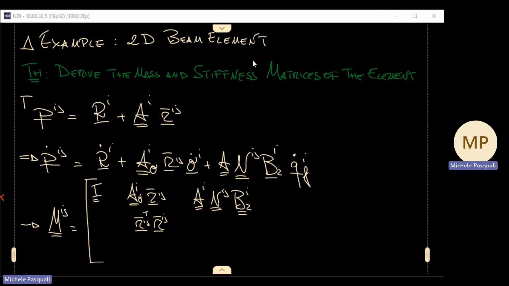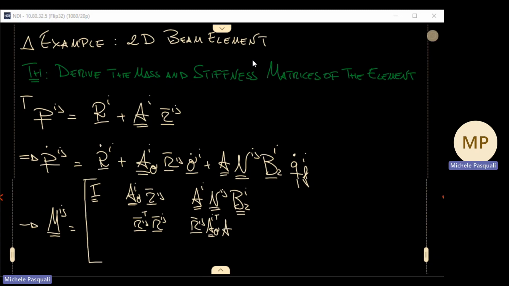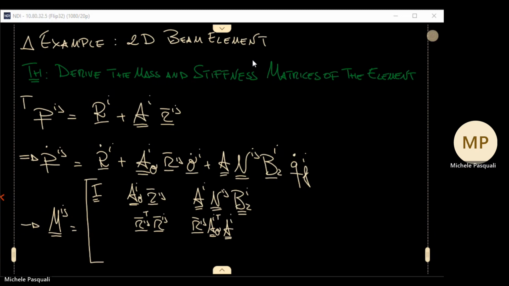And then here we're going to get Rij A theta transposed Ij A I n Ij, and again B2. So this is really nothing new with respect to what we have seen.